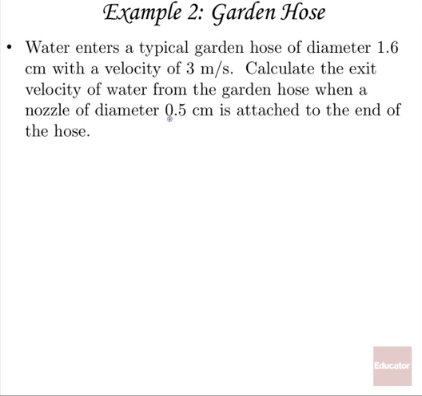Well, first, let's figure out what the cross-sectional areas are. When it's entering the pipe, A1 is pi R1 squared, or pi times, well, if our diameter is 1.6 centimeters, our radius must be 0.8 centimeters. So that's 0.008 square meters, or an area of about 2.01 times 10 to the minus 4 square meters.